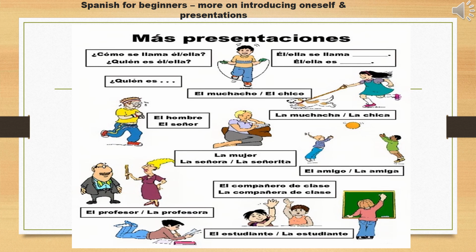And then there's one thing I wanted to tell you. You see, when you see el muchacho, the good thing in Spanish is that you can make things a little smaller. For example, el muchacho. If a boy is even younger, even more little than muchacho, you say el muchachito.